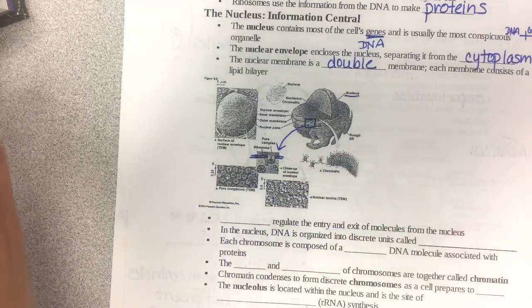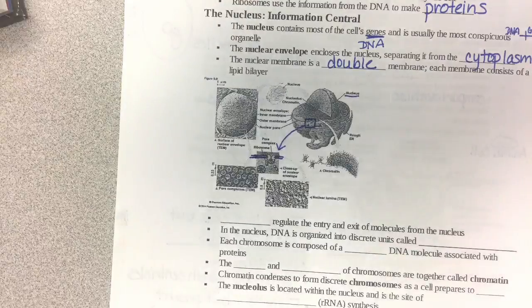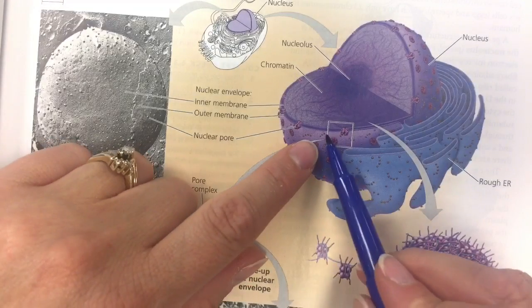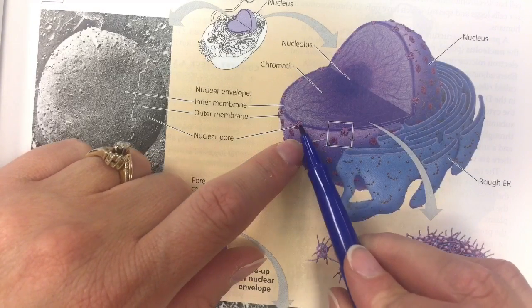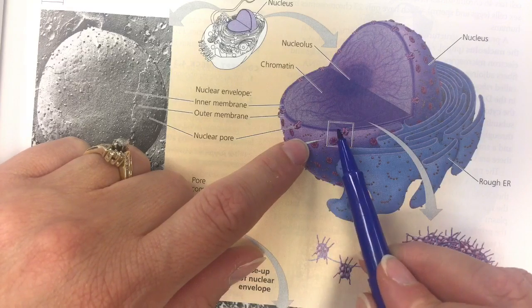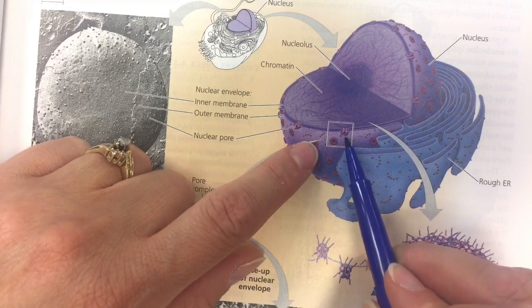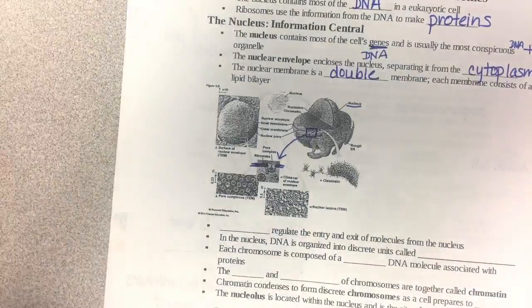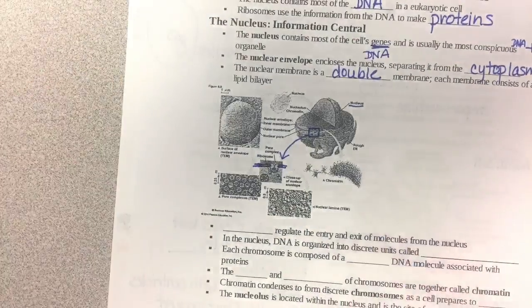I'm going to put a picture here, a colored picture, so that you can see here. You can see how it's a double membrane? All right, so there's one membrane, two membranes. And then you have these little pores through here, and the pores are like little poking holes in the membrane.